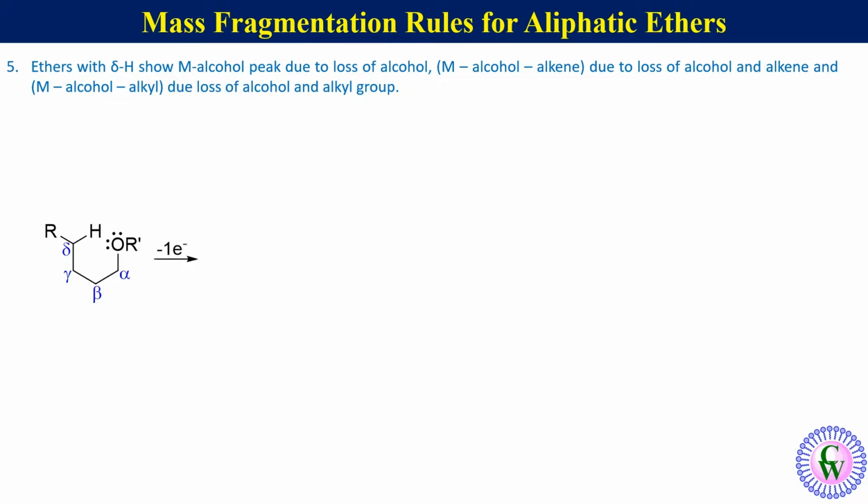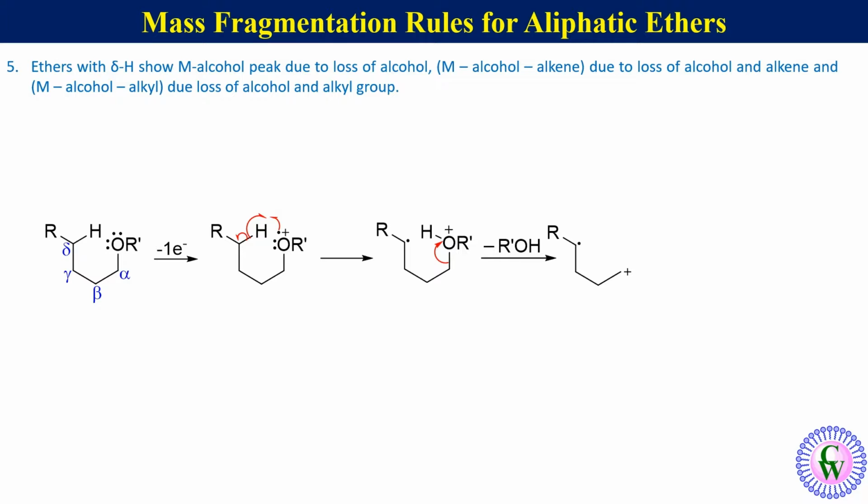Elimination of one non-bonding electron gives molecular ion. Delta hydrogen abstraction gives another radical cation. Elimination of alcohol molecule gives radical carbocation that corresponds to M-alcohol fragment.